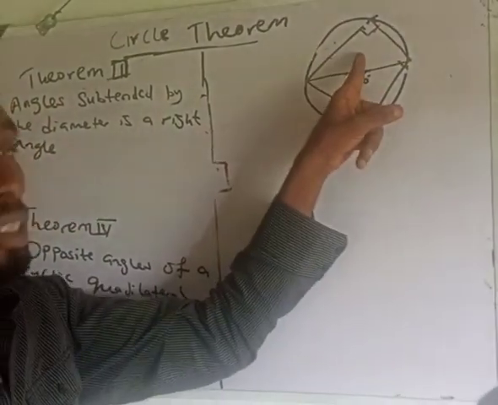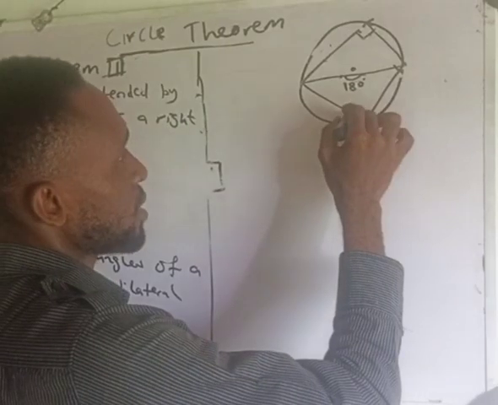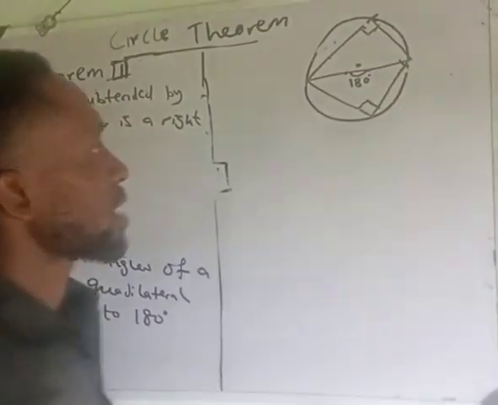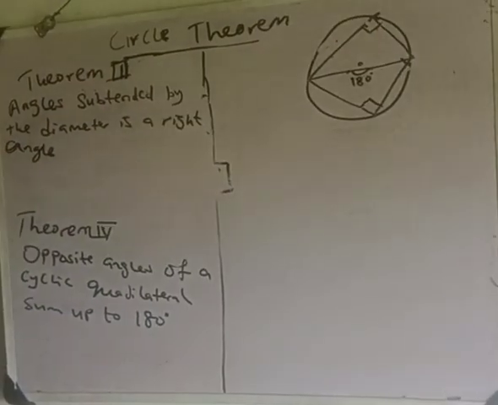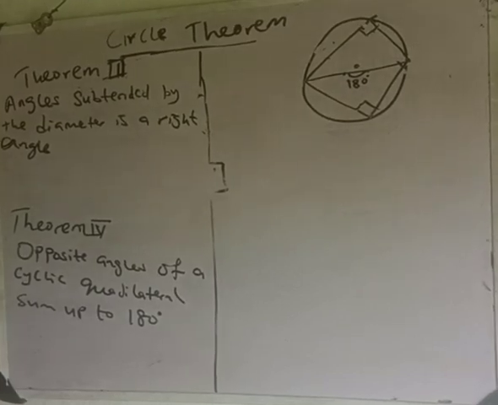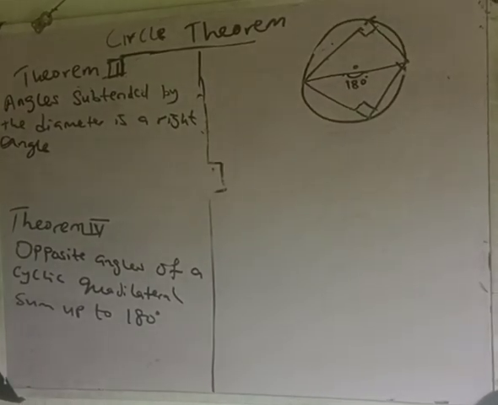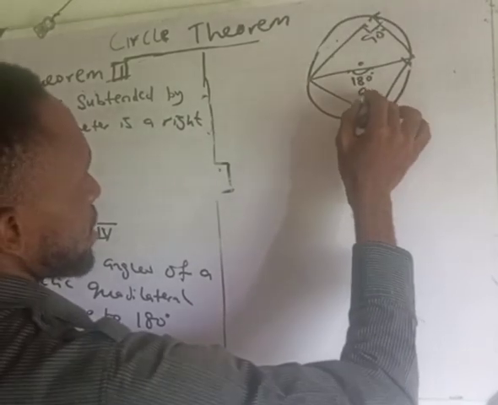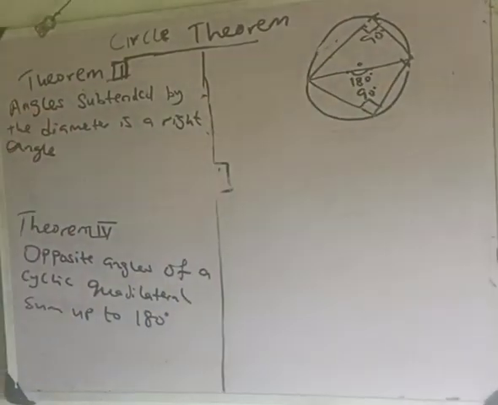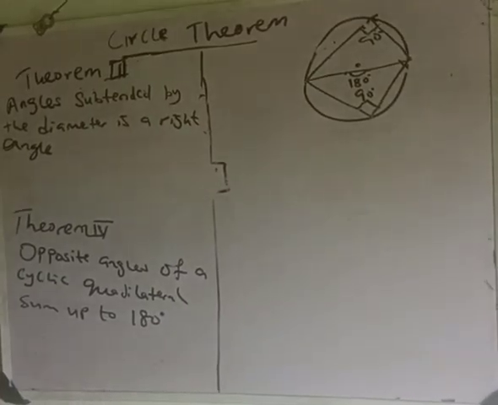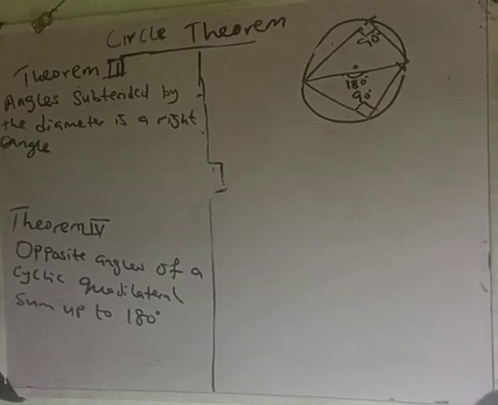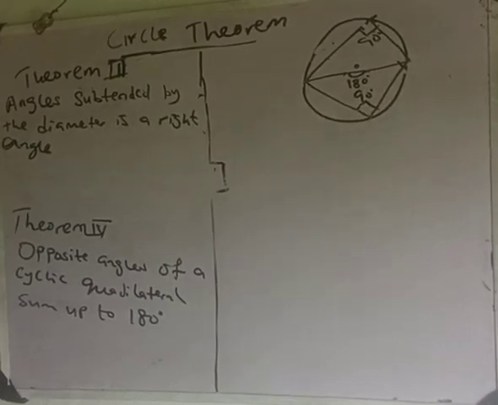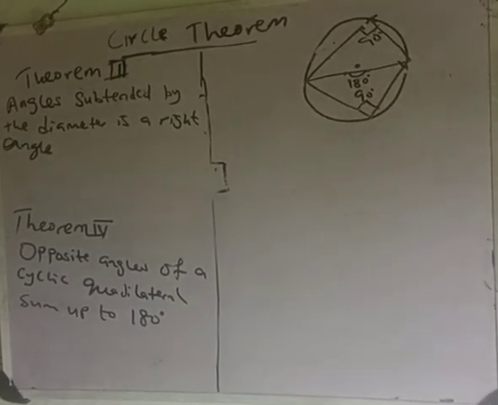Also here is 180 degrees, so what it will subtend here is a right angle. So any angle that the diameter subtends must be equal to 90 degrees. Right angle means it's 90 degrees. So that is the third theorem, that the angle subtended by a diameter is a right angle.